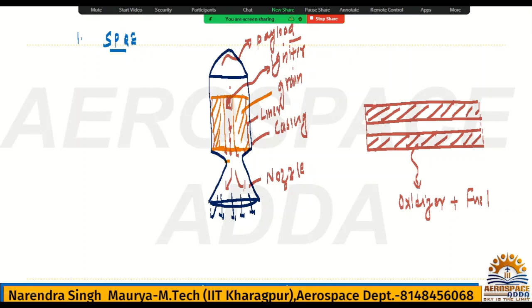Better reliability than liquid propellant. Obviously you have to compare with liquid propellant, and reliability is good for solid propellant compared to liquid propellant. And it is very easy when you go for a multi-staging rocket system. In a multi-staging rocket system, the solid propellant rocket system is easy to use.